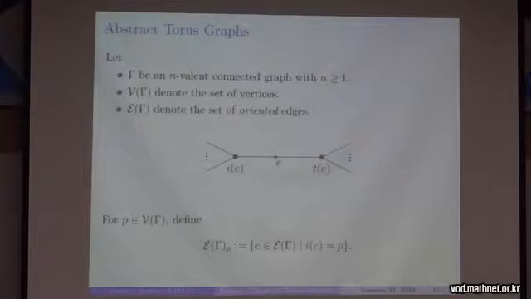And we have i of e, the initial vertex of this oriented edge e, going from i of e to t of e, the terminal vertex of the edge e. And then for every vertex of the graph, we define this set E gamma P of all the edges emanating out of some vertex P. So all the edges emanating out of i of e would be all the n edges coming out of i of e.